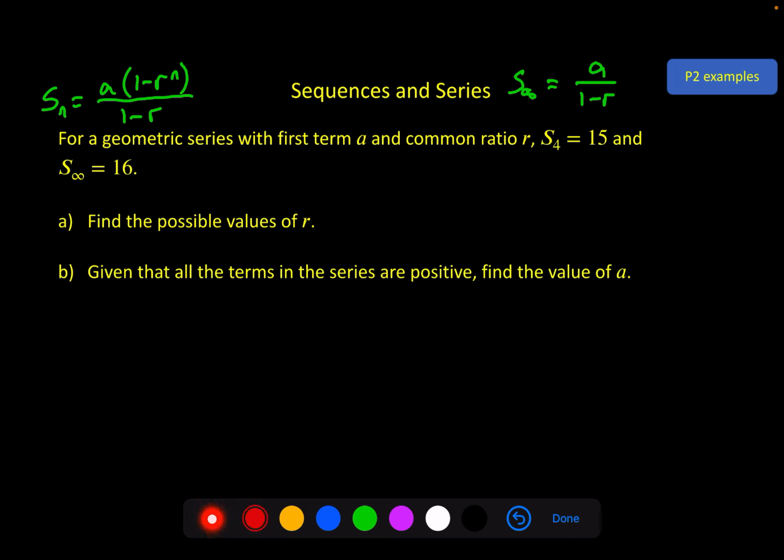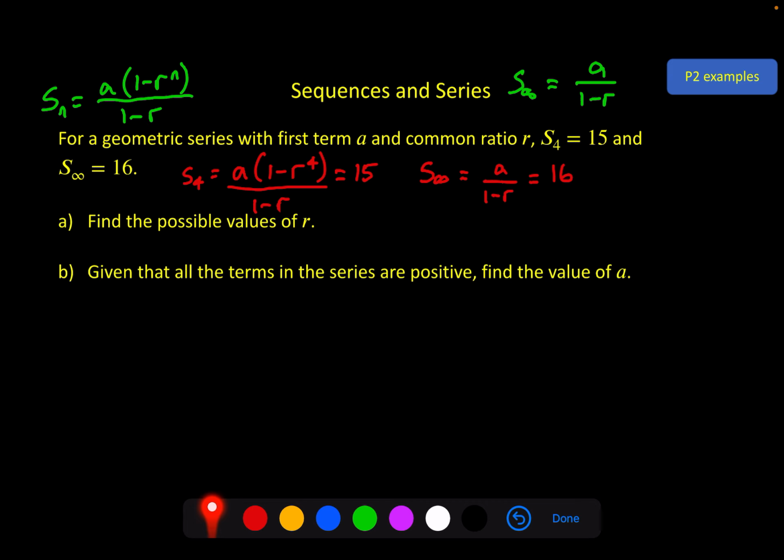The fourth term, S of 4, if I put n equal to 4 in the equation, gives me a times 1 minus r to the 4 over 1 minus r. And that must equal 15 from the question. And then the sum to infinity is a over 1 minus r, and that must equal 16.